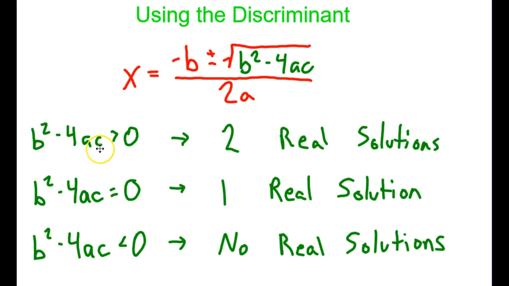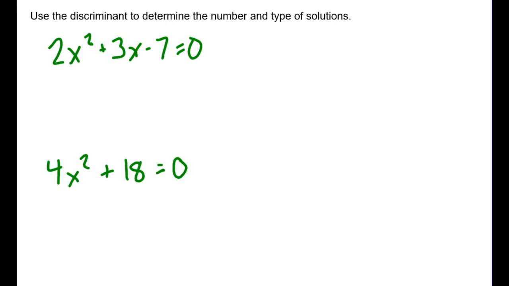If we take the discriminant and that value is greater than 0, that implies there are 2 real solutions to the quadratic equation. If we take the discriminant and it equals 0, that implies there is 1 real solution to the quadratic equation. And if we take the discriminant and that value is less than 0, that implies there are no real solutions to that quadratic equation.